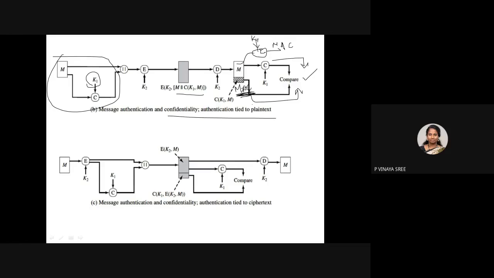Now there is one more case, this is the second case. What is the name of this diagram? Message authentication and confidentiality, where authentication is tied to plain text. And in this case, message authentication and confidentiality, where authentication is tied to ciphertext.